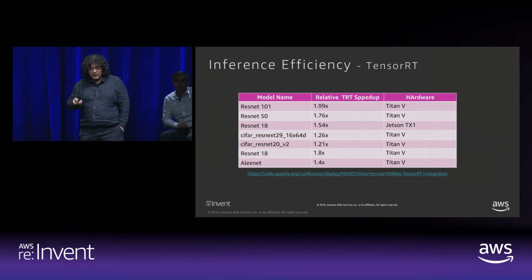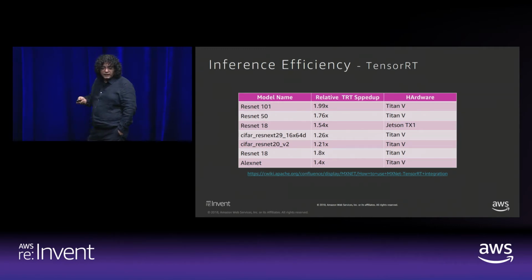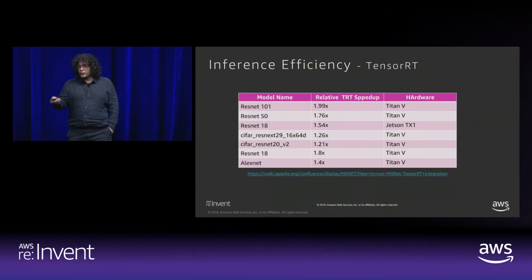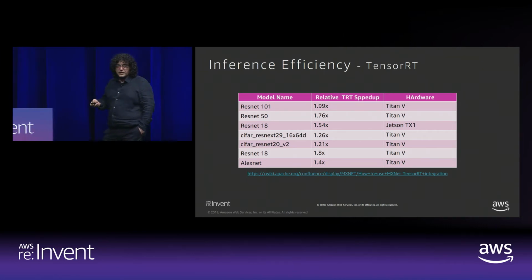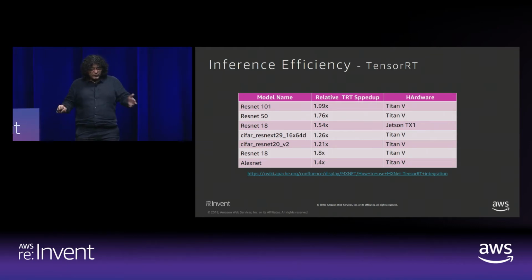As you see here, from ResNet 101, it doubles the speed of inference compared to not using TensorRT, and for the slowest, AlexNet, it is 1.4 times faster. Inference is your bread and butter, because your customers are exposed to the inference endpoint. They can't wait. They go somewhere else. So that is TensorRT. That's one of the more recent implementations.